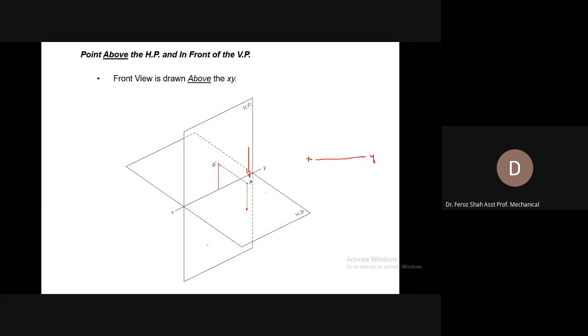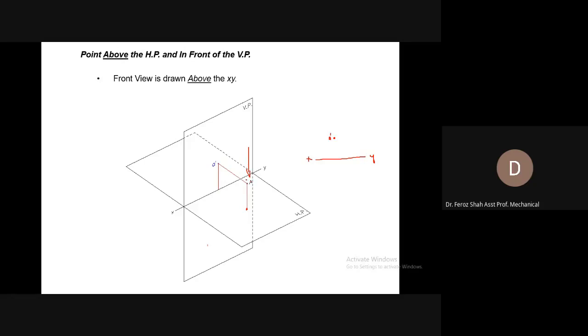Now the relative position of the two views, that is the front view and the top view, with respect to the XY reference line will be drawn according to its position. So the front view is coming on the vertical plane and above the XY reference line. For example, if the point A was 10 millimeter above the horizontal plane, its front view will also be drawn 10 millimeter above the XY reference line, and we would annotate it with A dash.